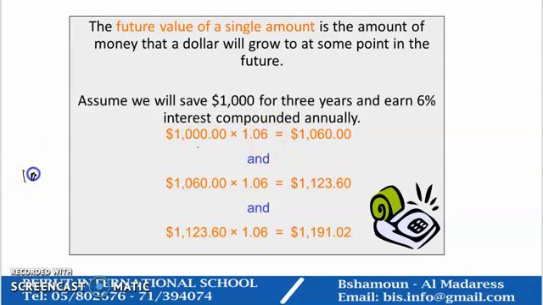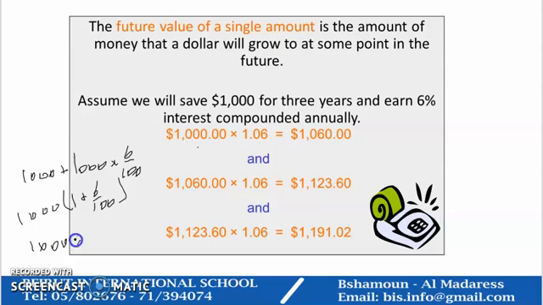Here I have 1,000 plus 1,000 times 6% after the first year. So I can factorize by 1,000. It will be 1 plus 6 over 100. That gives us 1,000 times 1.06. And this is the obtained formula.